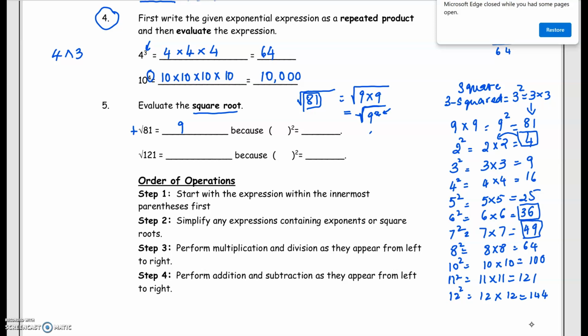Now, if you think about it, negative 9 times negative 9 is also positive 81, because the two negatives cancel each other out and you get a positive. So you can think of 81 as negative 9 whole squared as well.